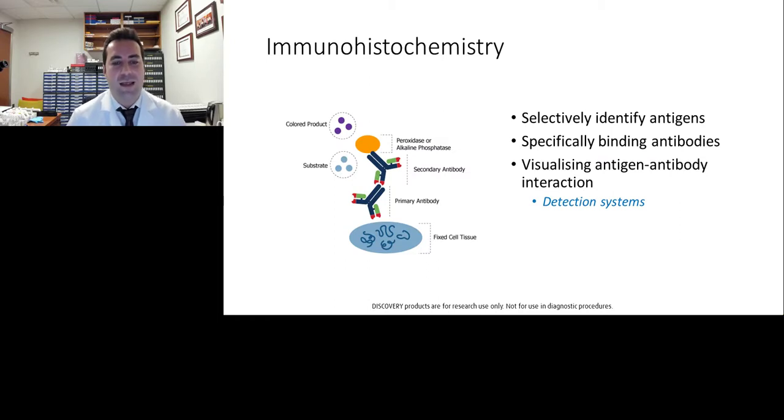With IHC, we can selectively identify antigens with specifically binding antibodies and visualize the antigen-antibody interaction with detection systems.